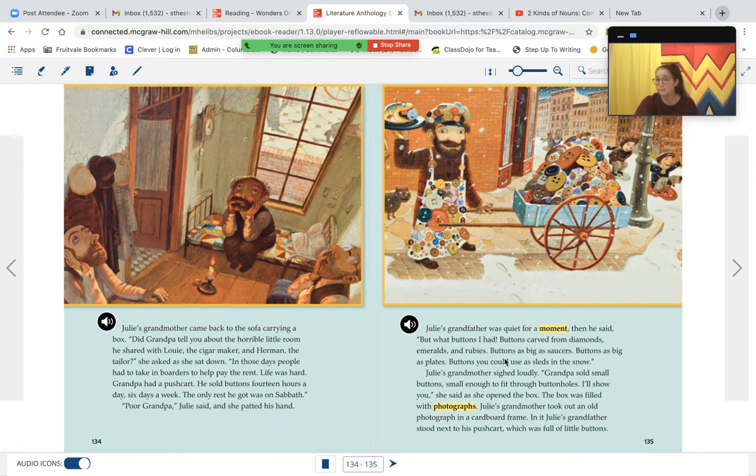That is not true. He's making that up, but he's trying to make it not so sad for his granddaughter. Moment, remember, is a brief amount of time, so she paused and then she spoke. And then photographs, we know photographs. They're real pictures that are taken and they're actually on paper. So she's holding a photograph to show her.